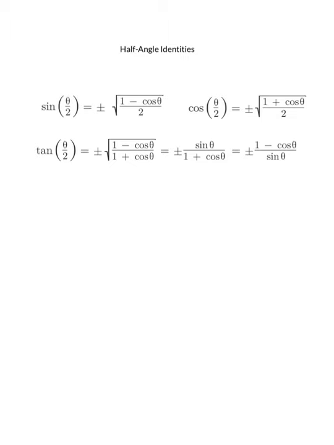And then to get the tangent, if you do the sine over the cosine, you get the square root of 1 minus the cosine over 1 plus the cosine. By rationalizing the numerator, you get the second version, which is the sine of theta over 1 plus cosine of theta. By rationalizing the denominator of the tangent, you get 1 minus cosine theta over sine theta.